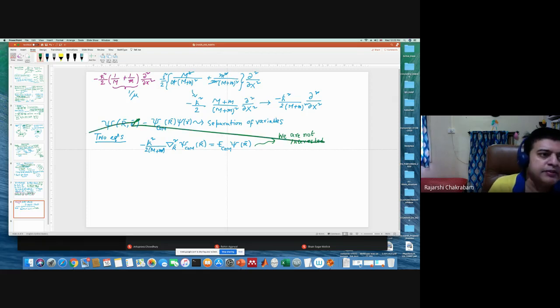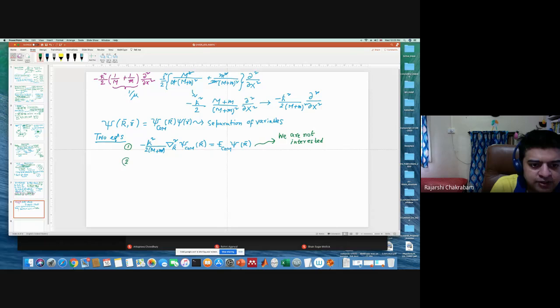But then I'll have another equation which I am very much interested in, and that is the equation you want to solve now after doing so much work. What is that equation? Can anyone tell me? This is equation 1, but that's equation 2, and that is what you are really interested in. That is the equation for the relative coordinate.